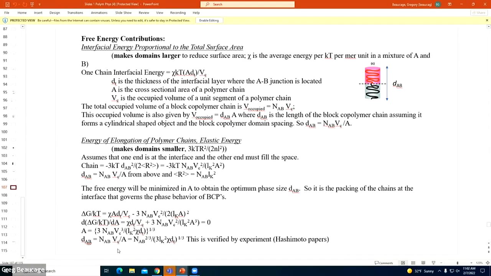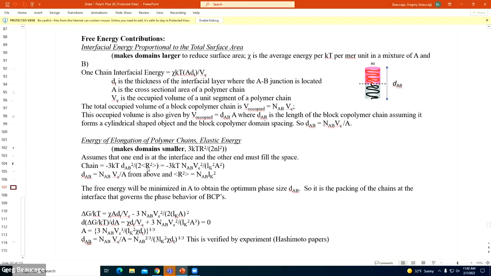In terms of this stretching length, you have chi per monomer per kT. This is per kT here, so you just put chi for the enthalpy. Then you have the volume of the chain. The chain has a cross-sectional area, and it's got this length D_AB. Then the other term is the stretching term, which is just kT over R squared, where the actual length is this D_AB, the stretch length squared.